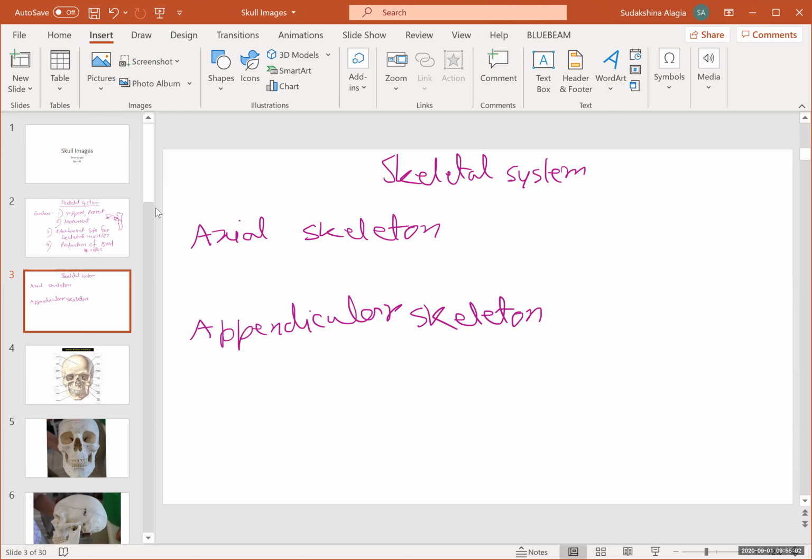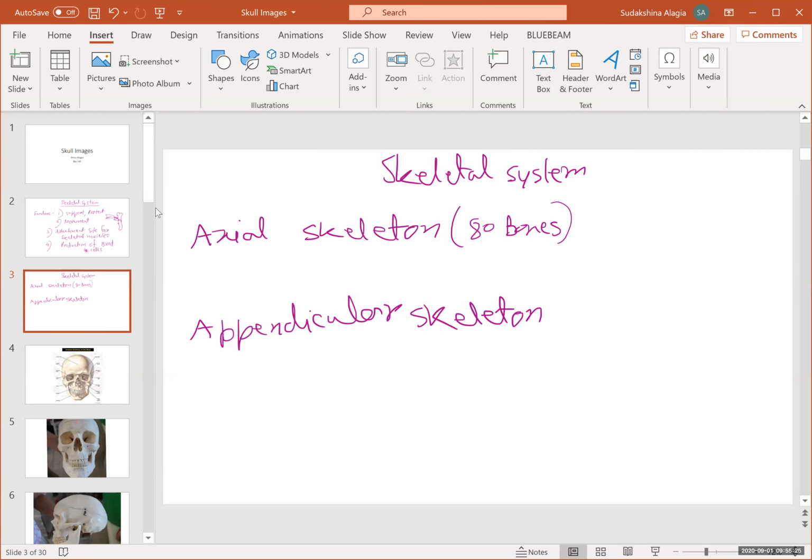Axial skeleton and appendicular skeleton. So axial skeleton typically has, we have overall 206 bones, 80 bones. You don't have to know that number.